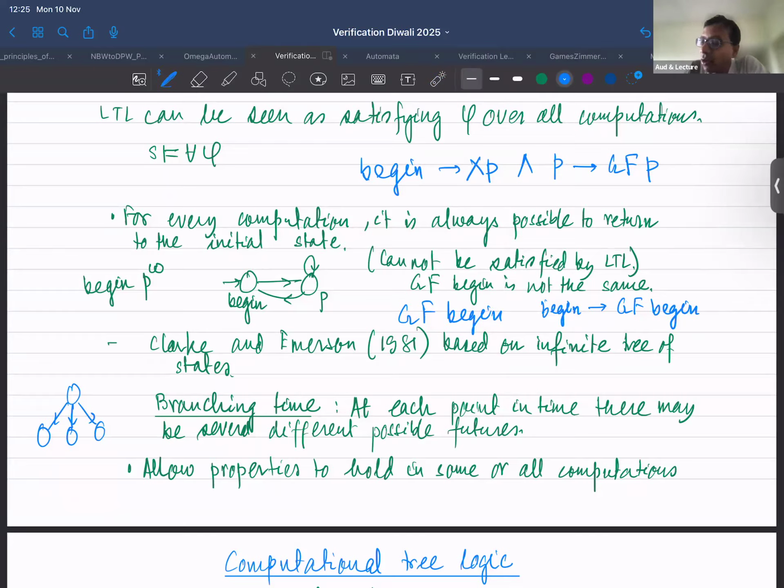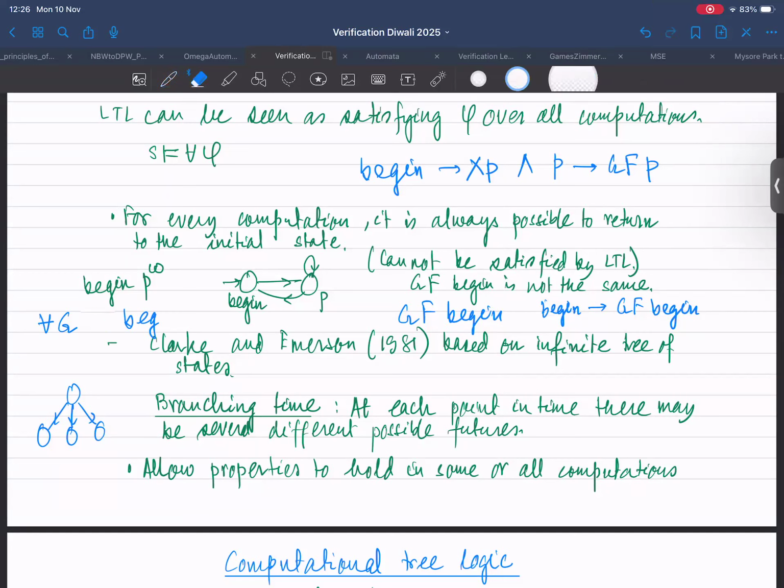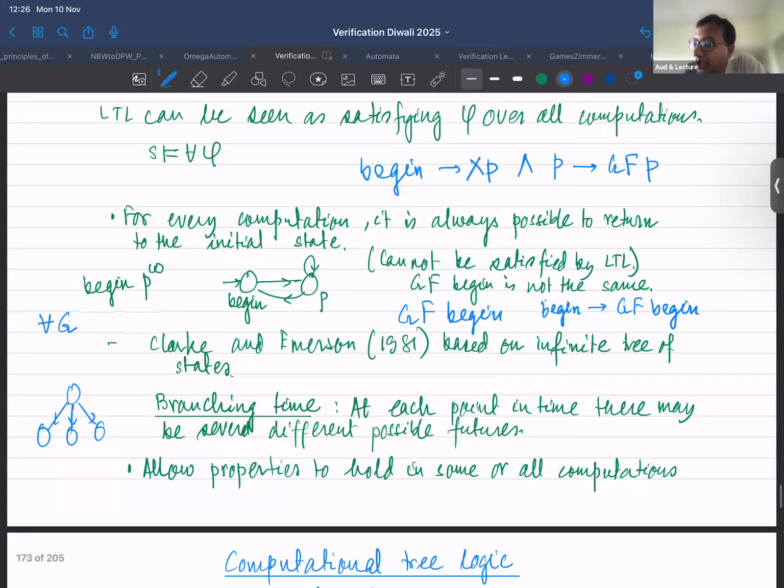Along all paths, globally, for all globally, there exists a path, eventually begin. You are right. There exists a path.